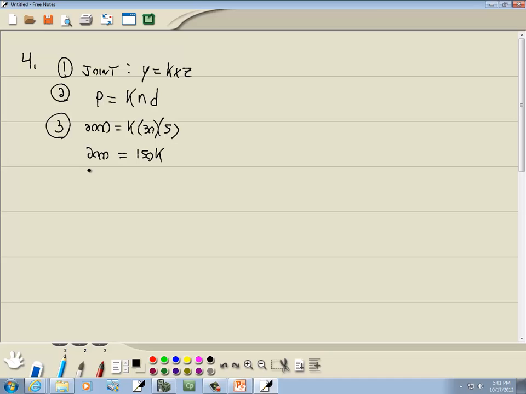Divide both sides by 150, and we get K is equal to 2,000 over 150. Now you can plug this in your calculator if you want. You can spend time simplifying it. But the truth of the matter is we're going to immediately plug it in our calculator in these problems, so you don't have to spend that kind of effort. So now we want to plug that into our formula. So replace the K with 2,000 over 150 in D.